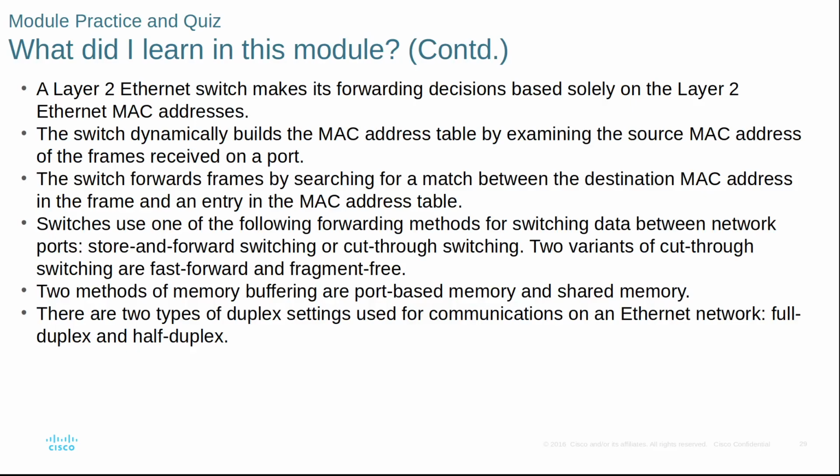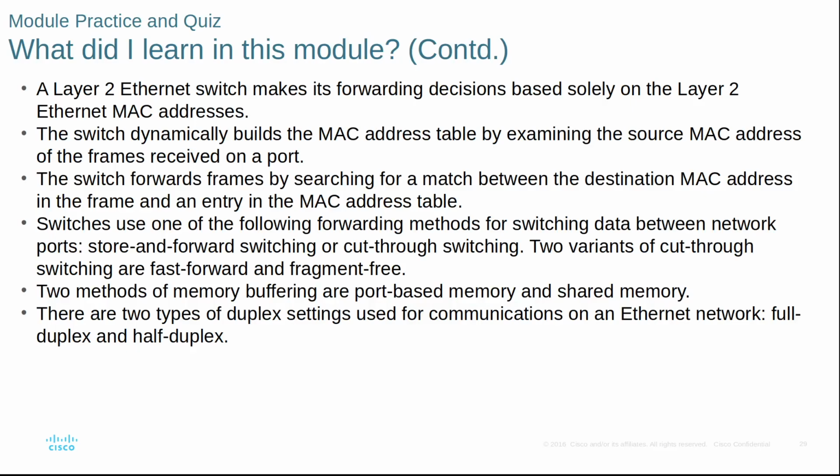We looked at MAC address tables or CAM tables, so switches examine each frame to learn new information and match that frame against its MAC address table to determine where it should be sent. If there's no match, then it's broadcast out every port except for the one it came in on.